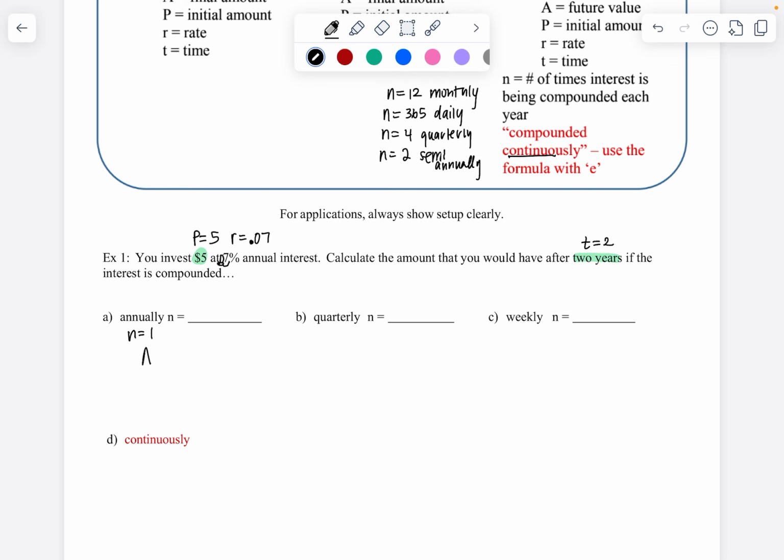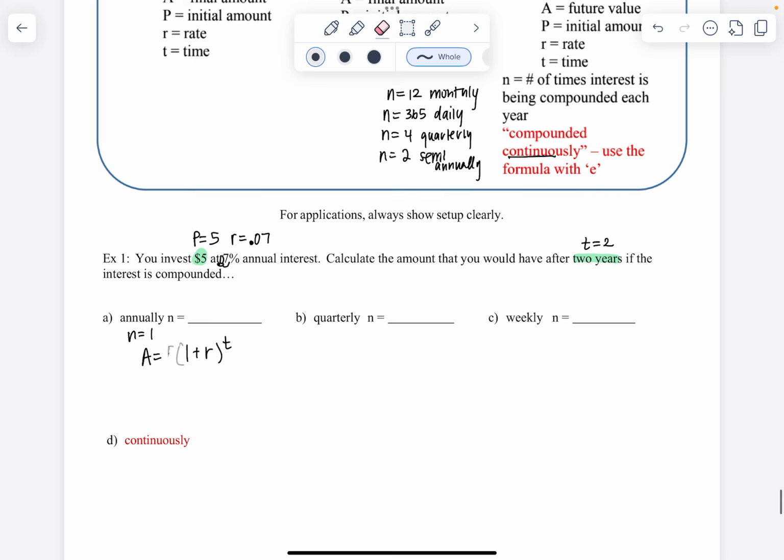And so my formula is going to be P(1 plus R)^T because N is 1. And so here, actually, I'm going to go ahead and put N into the formula just to get practice with it. So (1 plus R over N) to the NT.